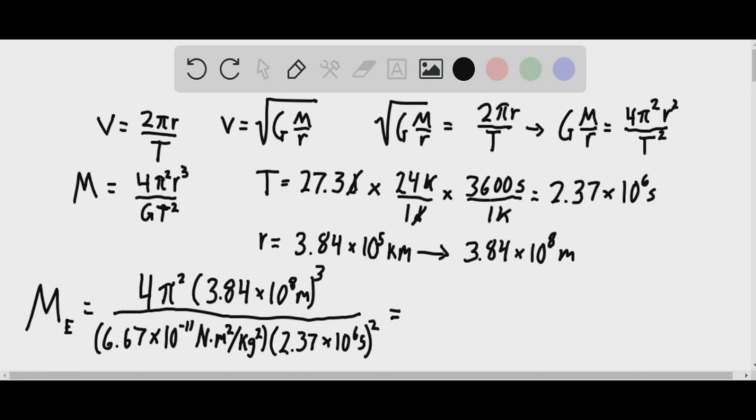Multiplying and dividing our way through that gives us a value of 5.97 times 10 to the 24 kilograms for Earth's mass, which, lo and behold, is the actual calculated value.